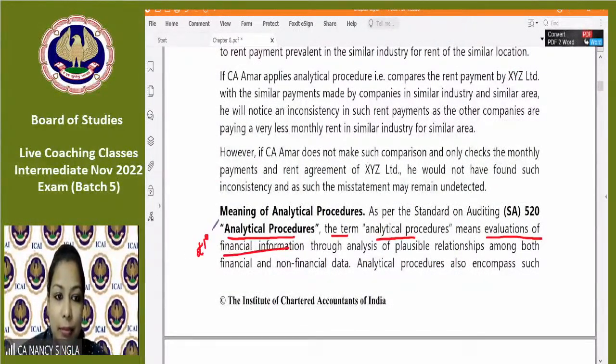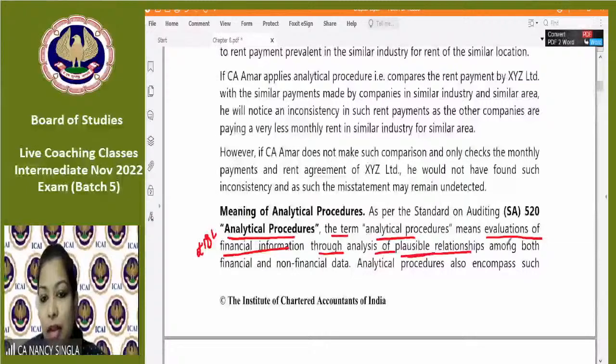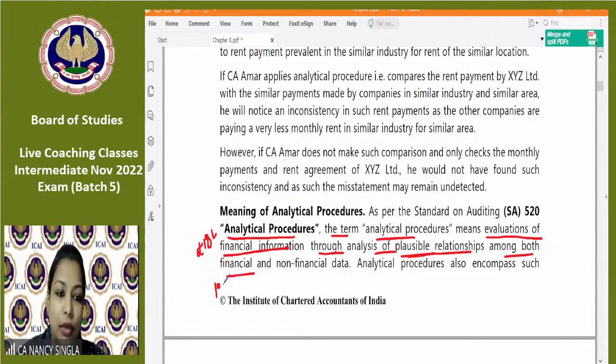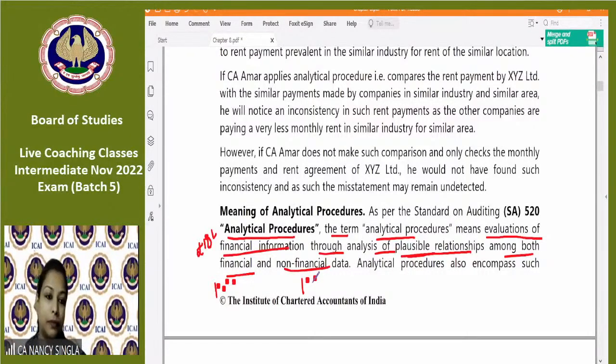So I'll write the example here for your better understanding. 10 lakhs, through analysis of plausible relationship among both financial, that is 10,000, and non-financial data, which is what? 100 employees. Analytical procedure also encompasses. What is meant by encompass? Include.